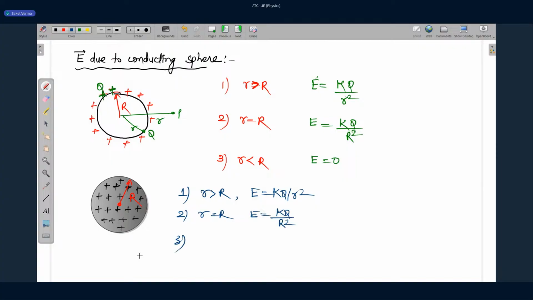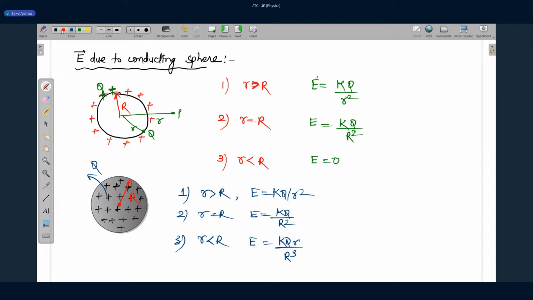And this time, because the charges are present inside the sphere, for r less than R the electric field will be kq into small r divided by capital R cube. Okay, this would be the electric field.